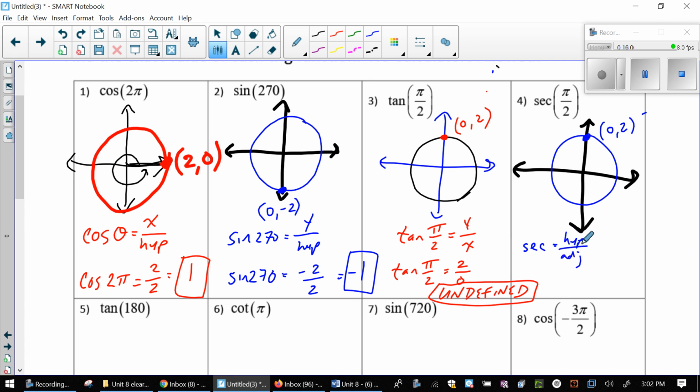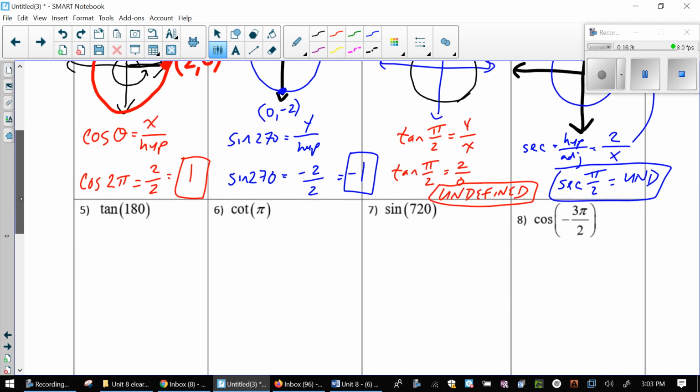And in this case, remember that it is 2 over our x-coordinate. And our x-coordinate here is 0, so that means that 2 over 0 is undefined again. And that's going to happen when we get that 0 in the denominator.